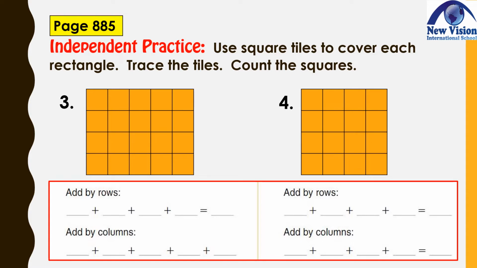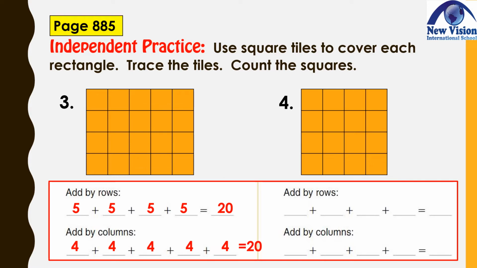So we have 5 plus 5 plus 5 plus 5 equals 20. Next, add by columns. So there are 5 columns. In one column, there are 4 squares. So we have 4 plus 4 plus 4 plus 4 plus 4 equals 20.